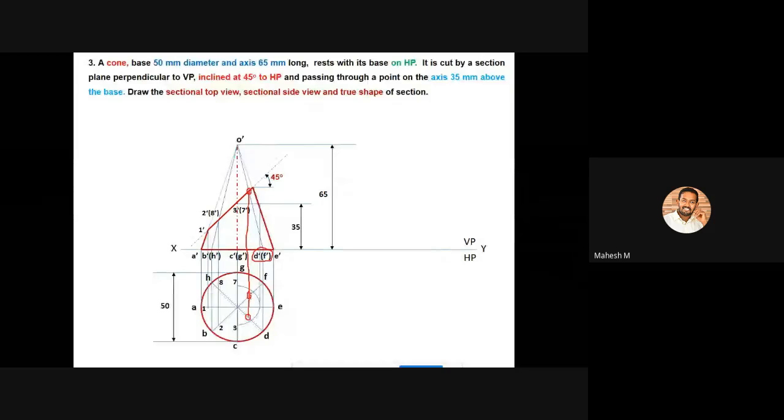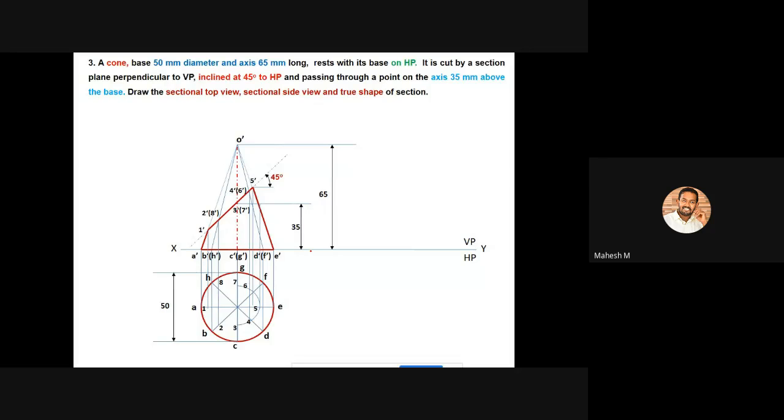So there are two cutting edges, and you can mark them as 4 and 6. Then the last one is available at O dash to E dash. So you can project up to O to E, and you'll have a point at O to E. That can be called 5.